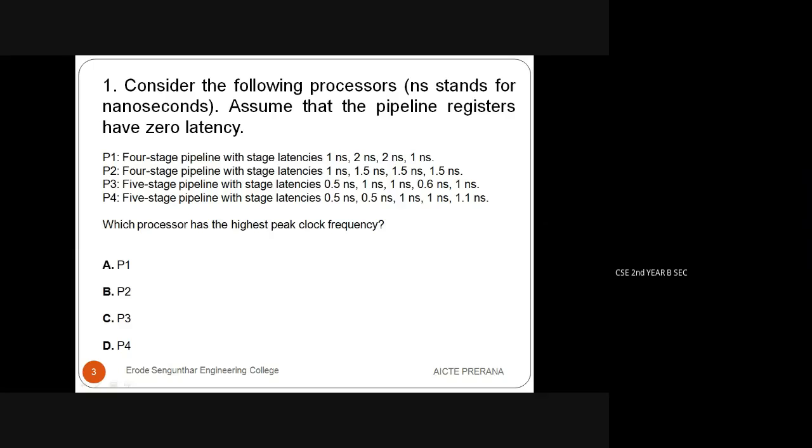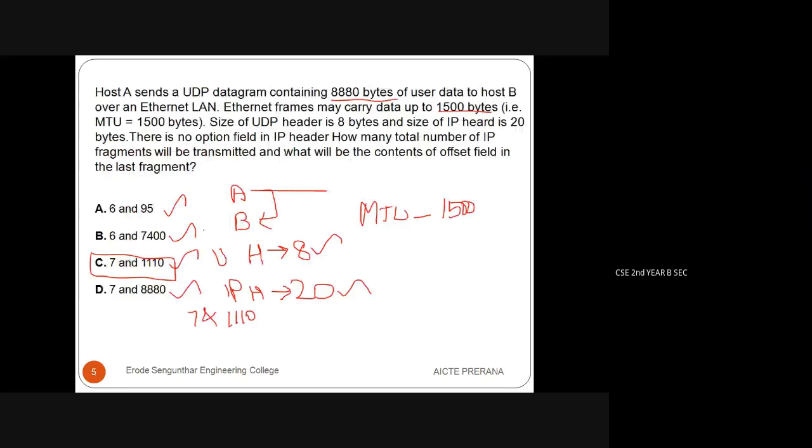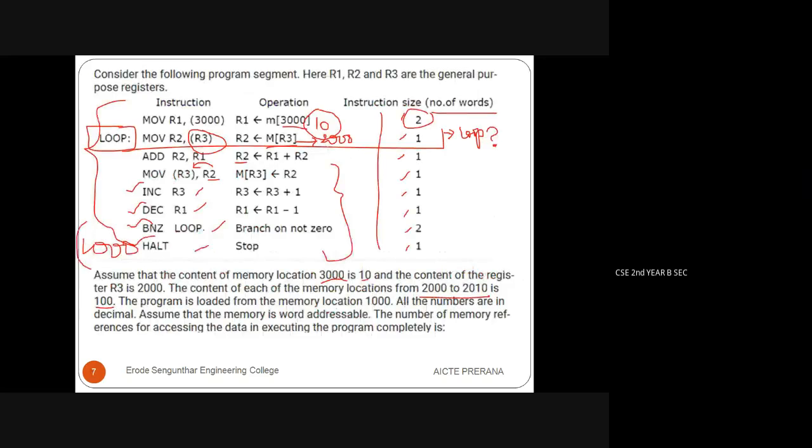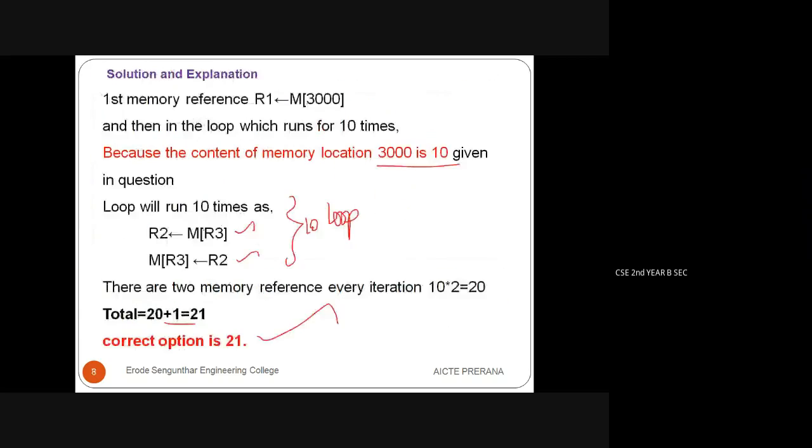The first question we have seen was about finding the clock frequency. The next question, we found the offset value and the total number of IP fragments. Next, we found the total number of memory references for accessing a particular data.